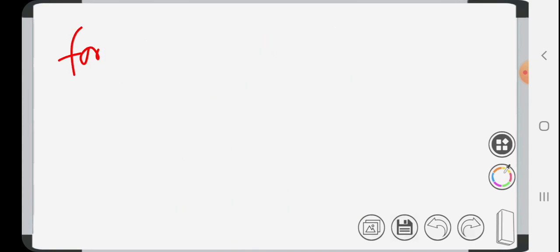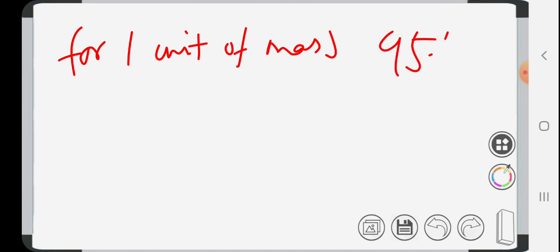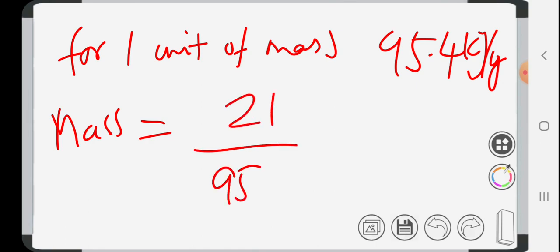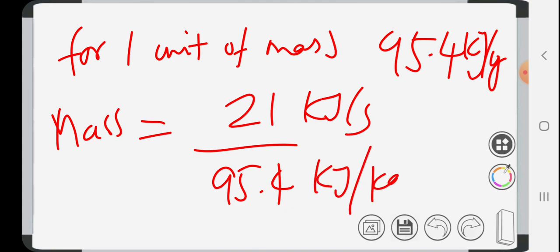But for one unit of mass, it was around 95 kilojoule per kilogram, right? So the mass flowing, the quantity of air circulated per second, will be total 21 kilojoule per second by 95 kilojoule per kilogram.